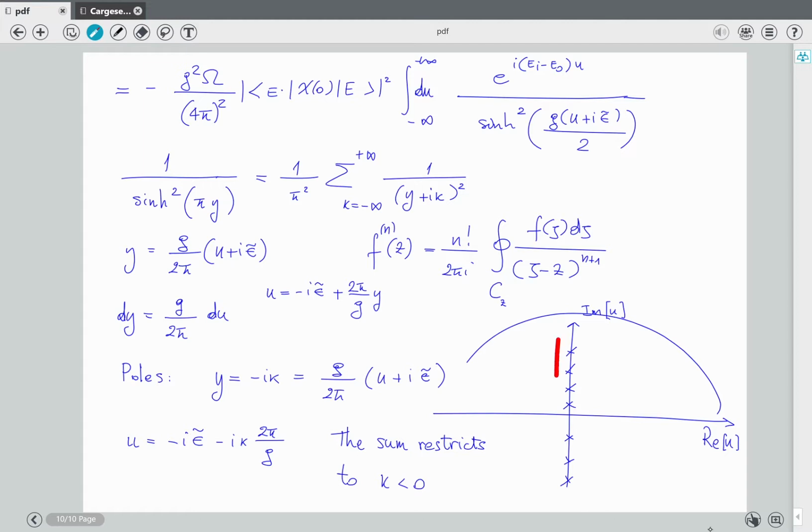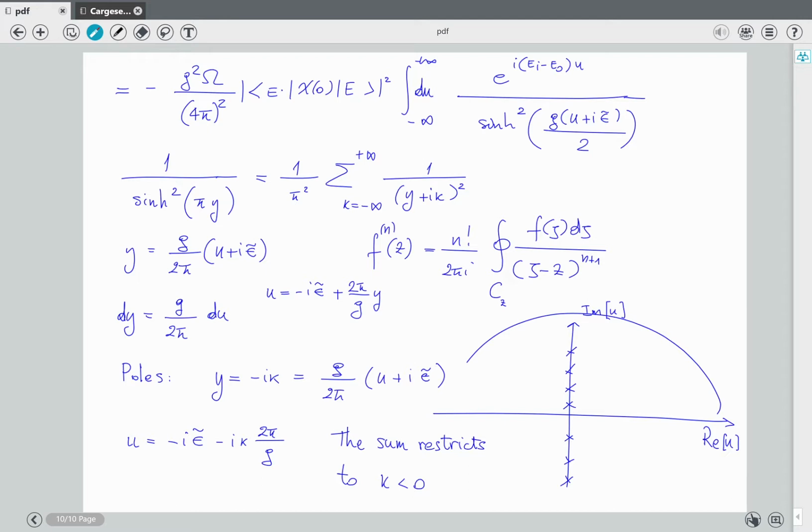We have an infinite set of poles all over the imaginary axis in this variable that we called u. Here it is, and that is related to y that way.